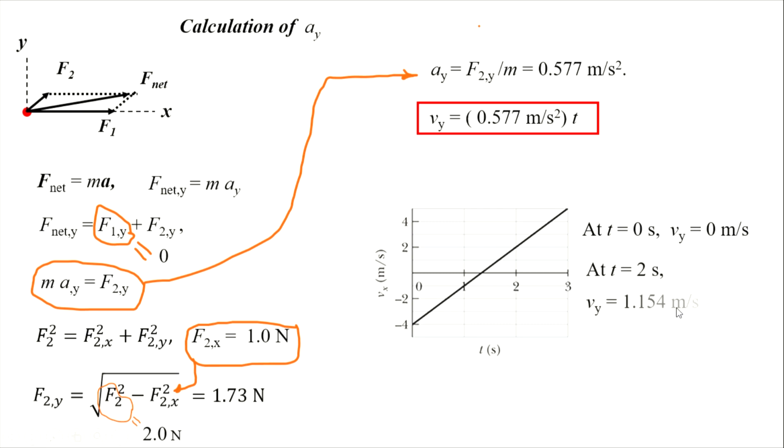And second point, we select t equal to 2 seconds, and Vy in this case will be 1.2 meters per second. Now we plot this point, it is here, and then this point, and it's enough to plot the straight line which passes through these 2 points.